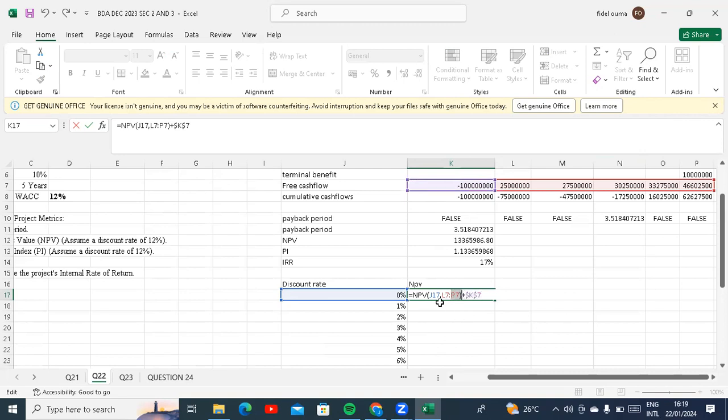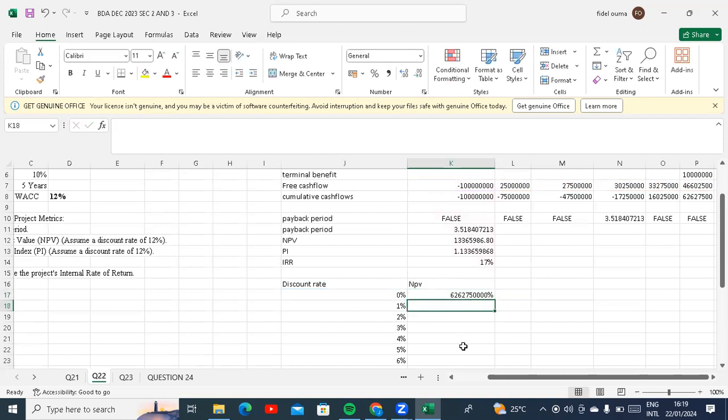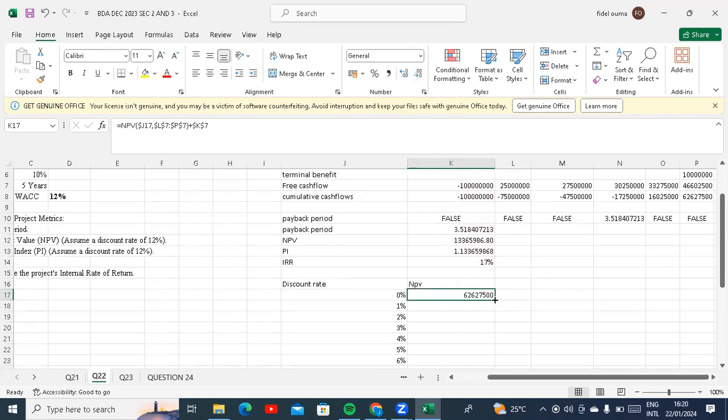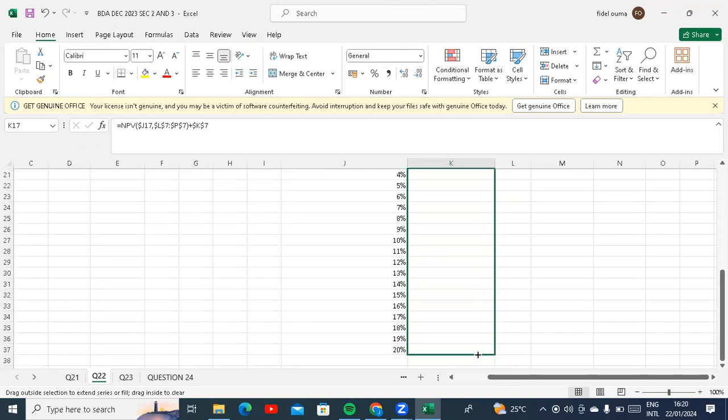I'll also lock this because it's constant. But I'll lock this J only because it's a column, so I'll only lock this for the discount rate. Then I'll lock this completely, F4. I'll also lock this completely, F4, and enter. Yeah, so that's it. So I say general. Then I'll just drag because now I've locked everything.